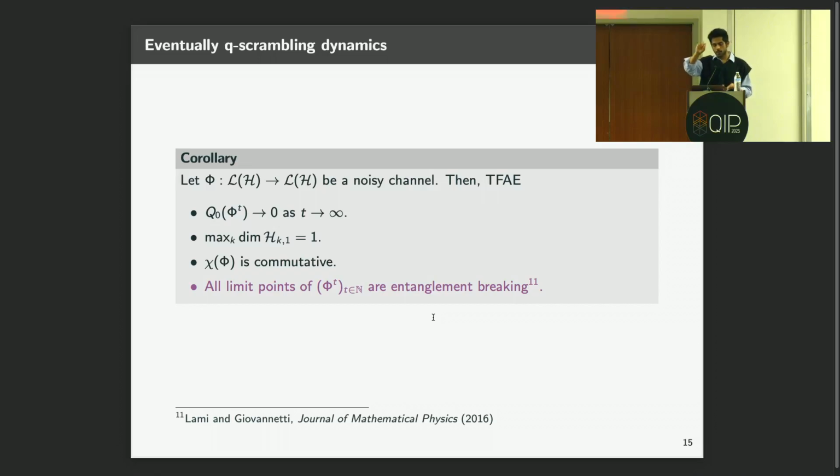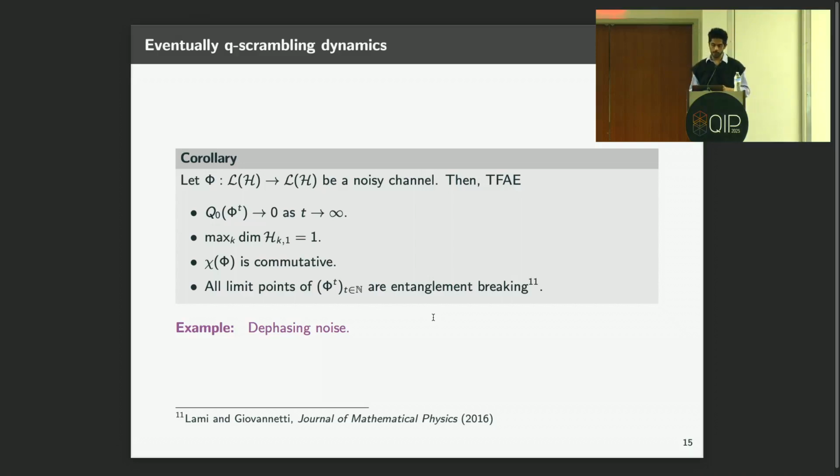All these blocks are one-dimensional, and this is equivalent to saying that the noise becomes entanglement breaking in the limit. The typical example of such a process is a dephasing sort of noise, where you fix some basis, the off-diagonal things are reducing in magnitude, and in the limit, you just project onto the diagonal algebra.